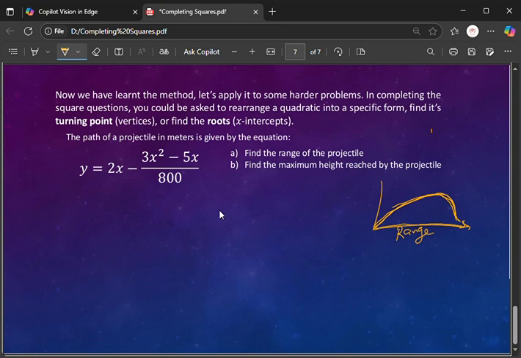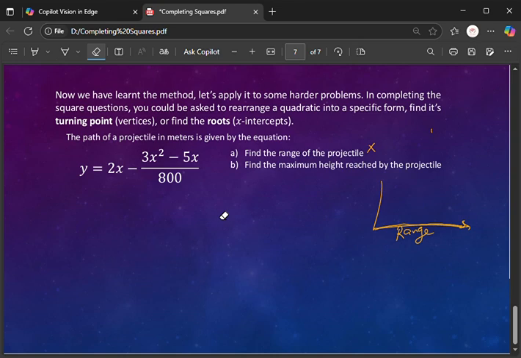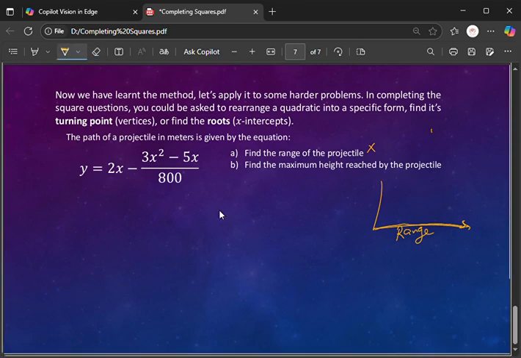So I'll write here x, and then maximum height, let me redraw it, sorry, something like that. So this part here is the maximum height. Okay, so maximum height is the value of y. So here they want you to find the value of y.